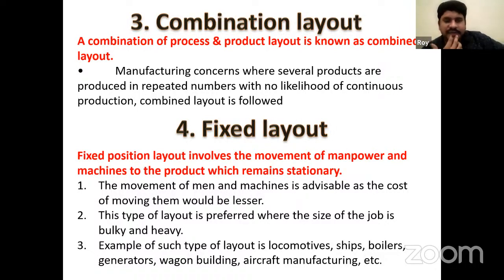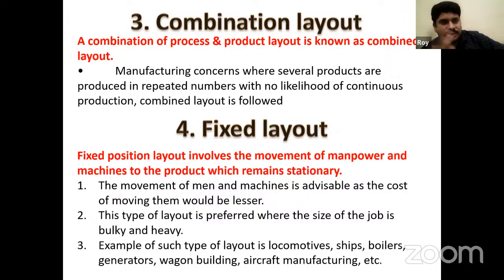Now, another one is called the fixed layout, and it involves the movement of manpower and machines to the product, which remains stationary. You cannot always move these things because you will use big materials there. If you move that, it will be very costly. This type of layout is preferred where the size of the job is bulky and heavy. If you are producing a car, maybe you can call it a fixed layout.